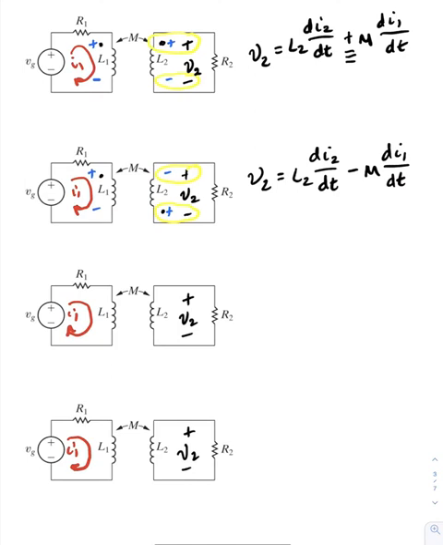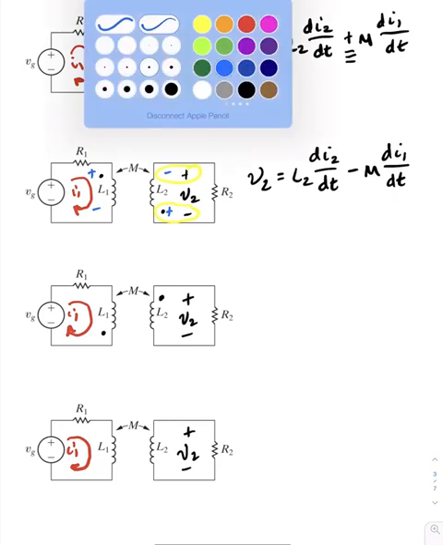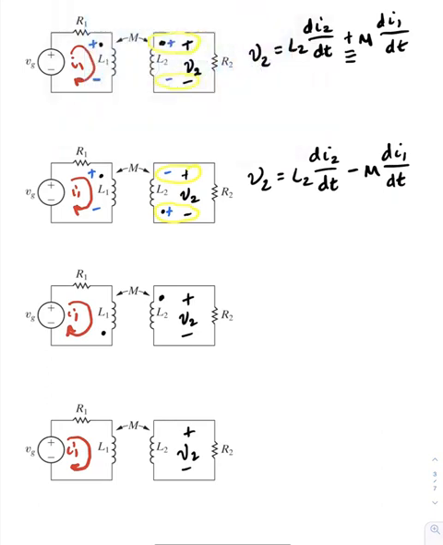All right, example 3. In this example, current 1 is leaving the dot, so we put a minus at L2's dot.